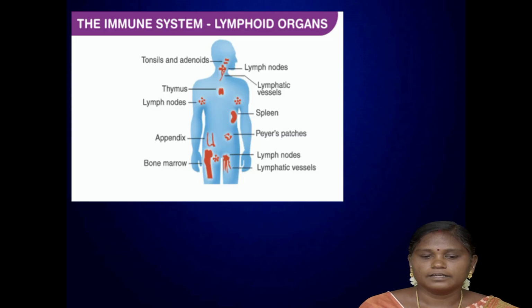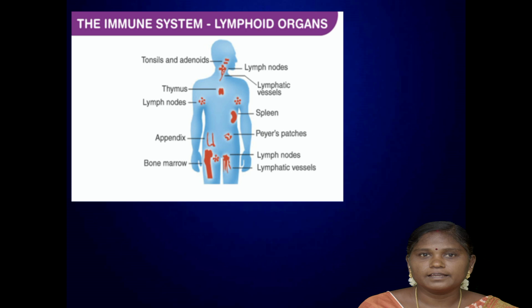The immune system is composed of organs, the immune organs, and the immune cells are responsible for the functioning of the immune system, right? So the lymphoid organs are involved in the immune system. These are classified into two types, primary lymphoid organs and secondary lymphoid organs. Here the thymus and bone marrow are the primary lymphoid organs.